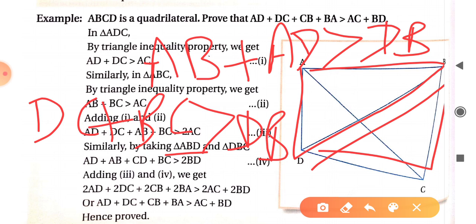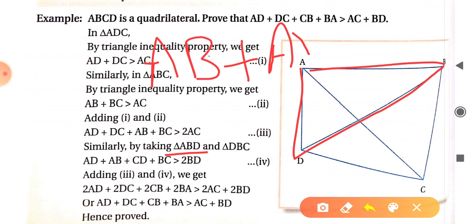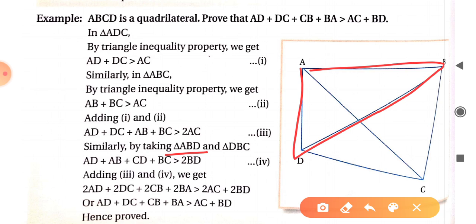Then we will add these equations so that we get AD plus AB plus CD plus BC is greater than 2BD.